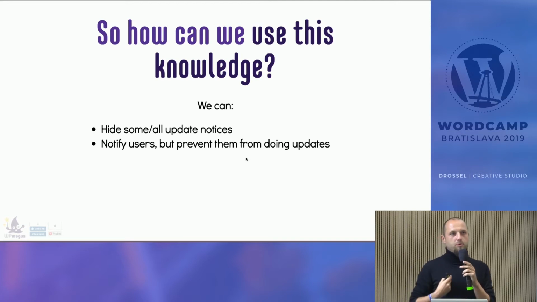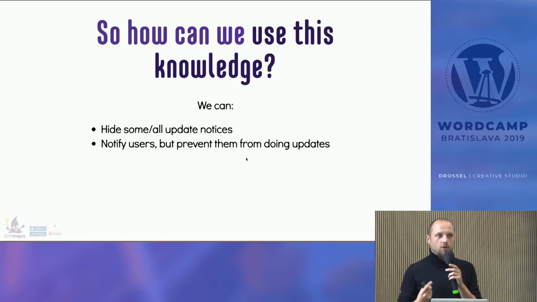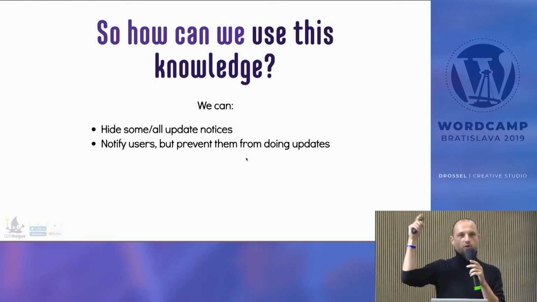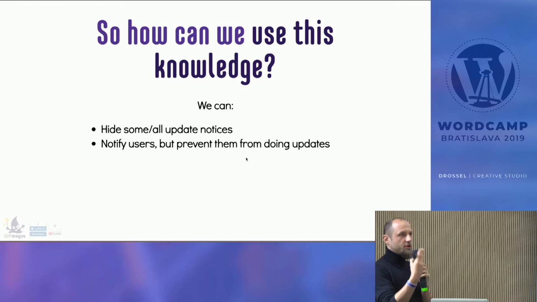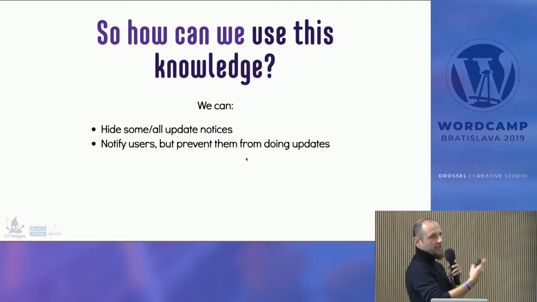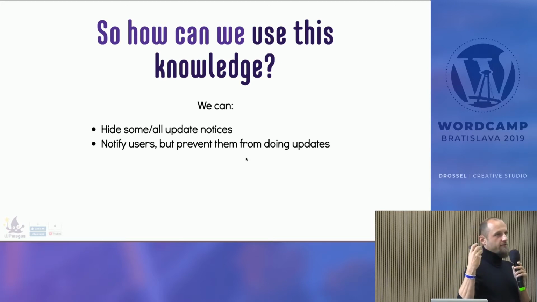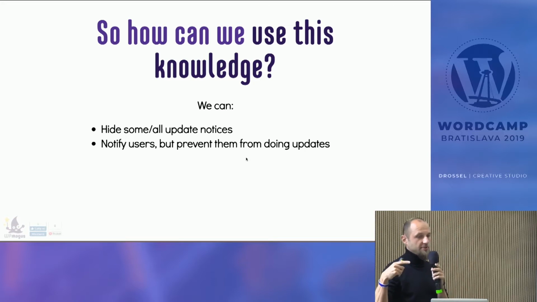Why? Because, for example, I'm doing maintenance for the site, and the site has many users that are just using this site. And there is some guy or girl in the office that always wants to click everything. So this is the way. He will know that there is a new version. He can call me and say, hey, we have to update this plugin, but he won't be able to click it himself.